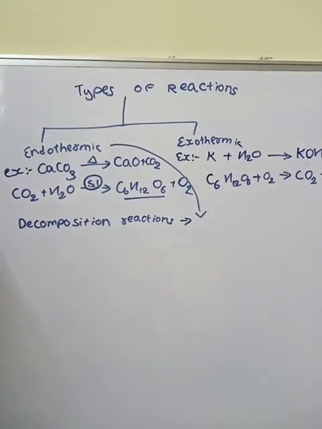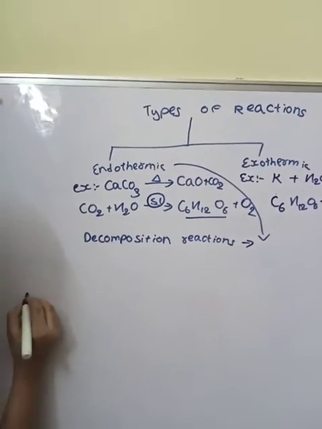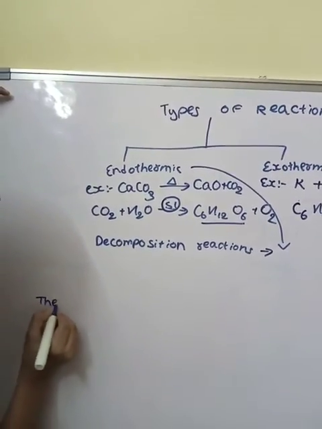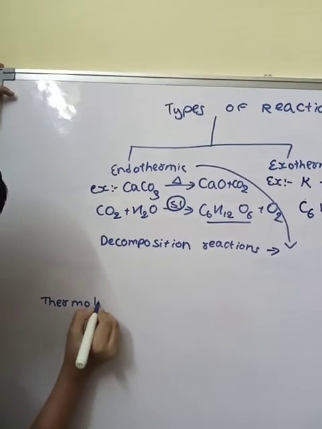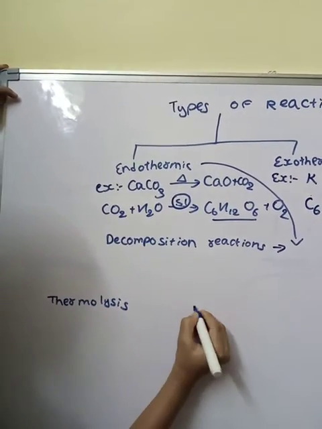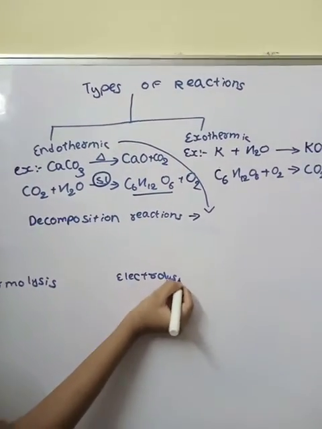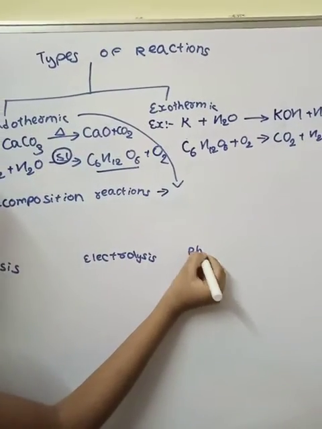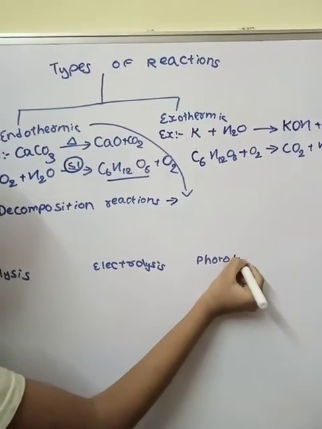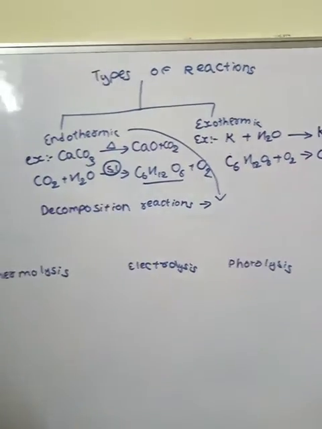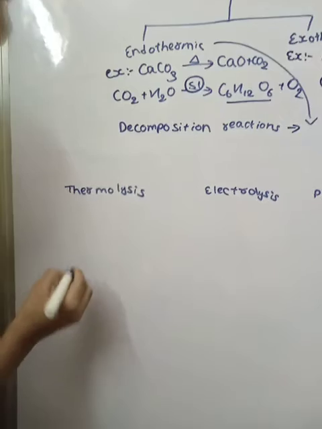Now, in endothermic reactions there are three types: thermolysis, electrolysis, and photolysis. What is thermolysis?